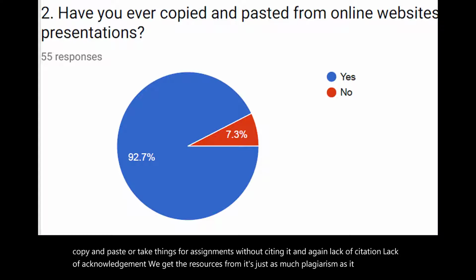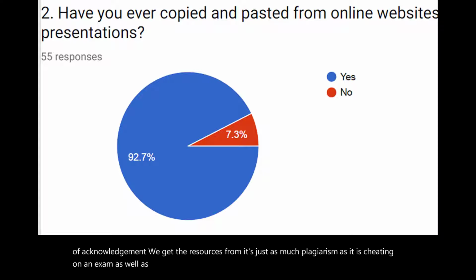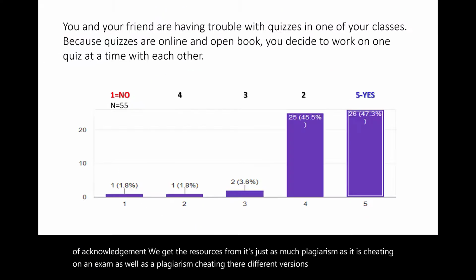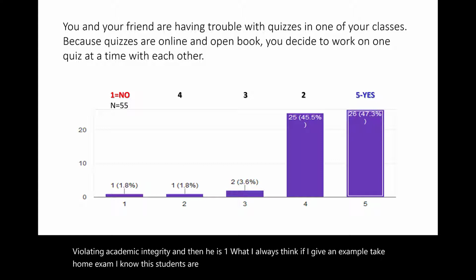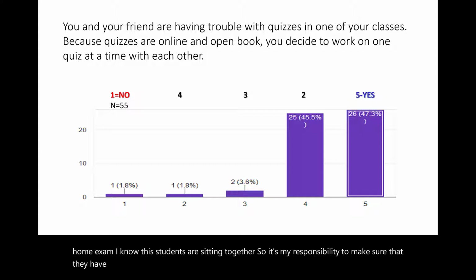So plagiarism, cheating, there are different versions of violating academic integrity. And here's one of my thoughts: if I give a take-home exam, I know that students are sitting together, so it's my responsibility to make sure that they have different exams or different answers or something else so that they can't just help each other quite freely.